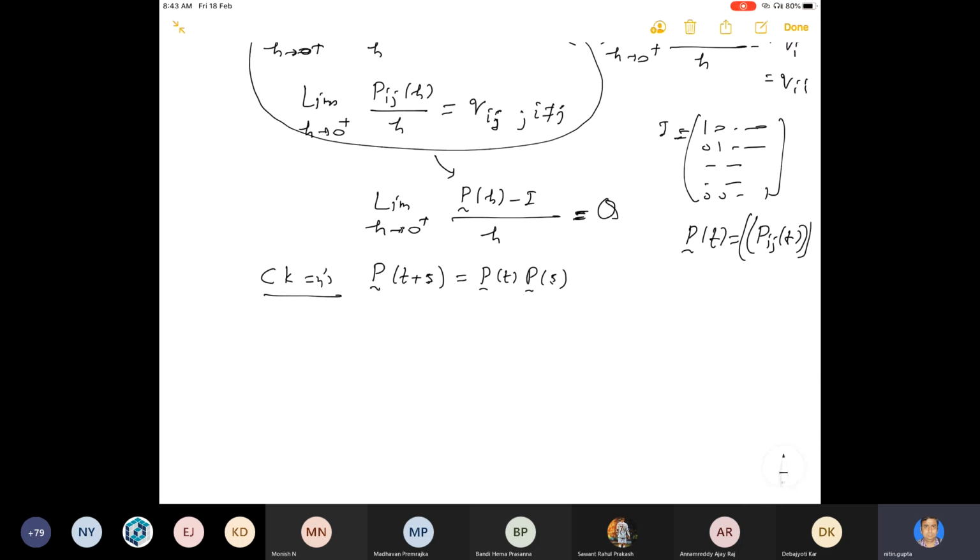Now we have (P(t plus h) minus P(t)) upon h. P(t plus h) is, by the Chapman-Kolmogorov equations, P(t) into P(h).